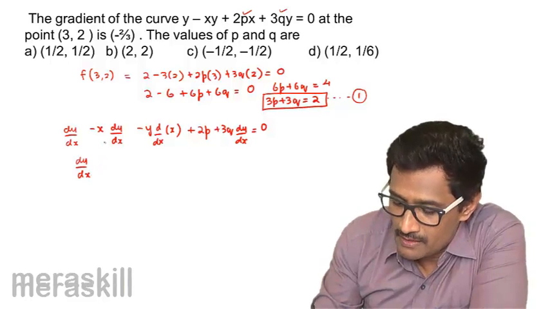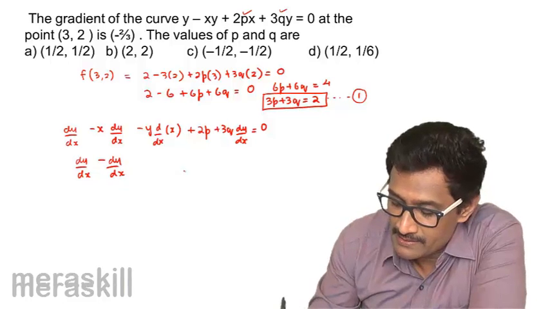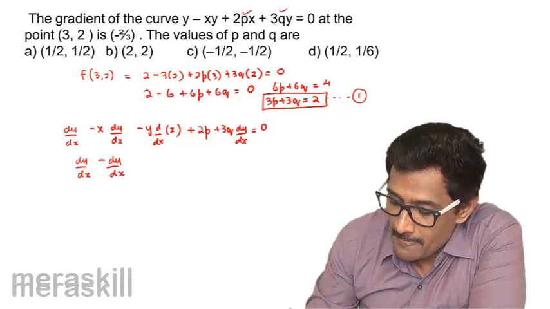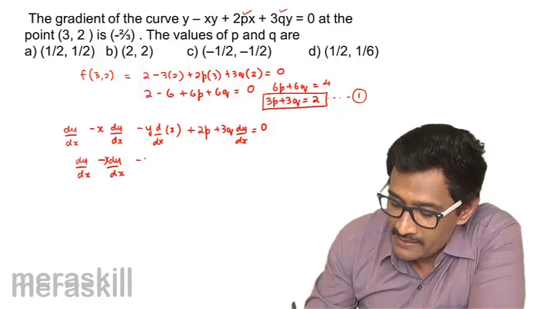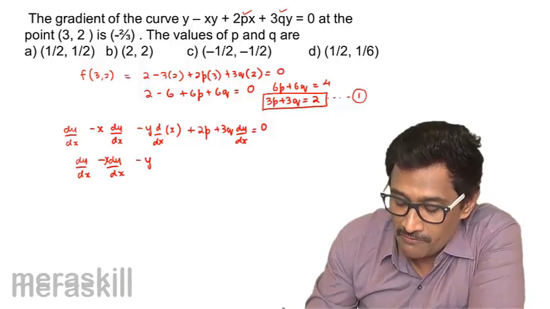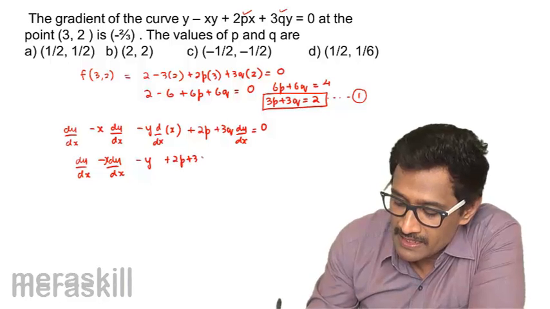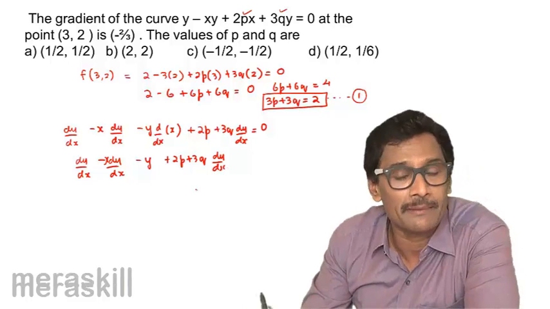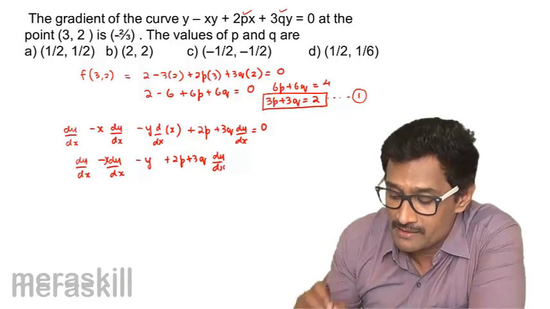So eventually this is dy by dx minus dy by dx, and here you have minus x into dy by dx minus y into d by dx of x, which is 1, plus 2p plus 3q into dy by dx. Now we have to find dy by dx, and it's told that dy by dx is minus 2 by 3.